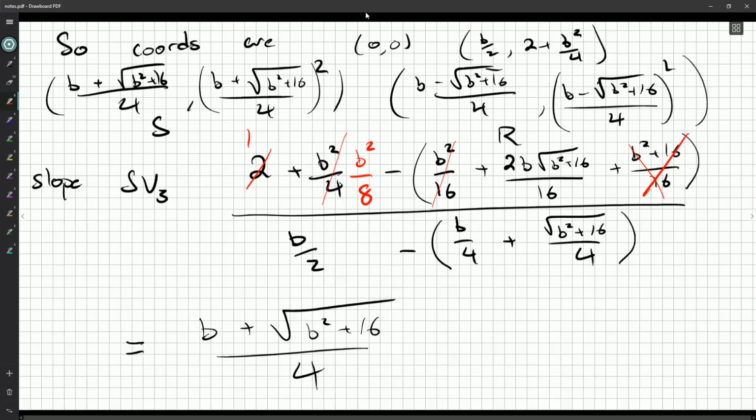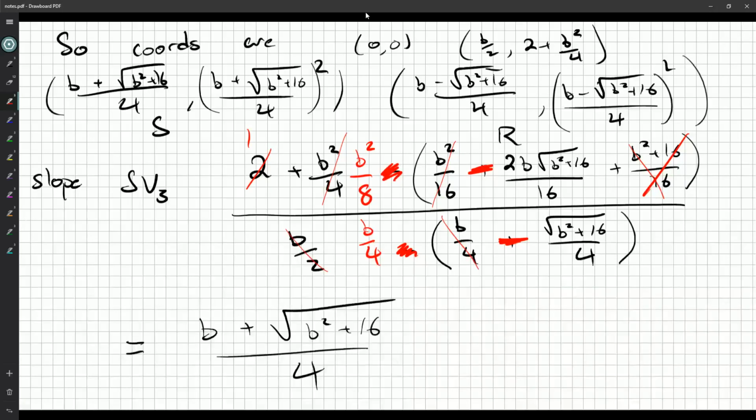Can we multiply? I'm thinking we're probably going to have to cross multiply in a moment. I'm trying to avoid that if I can. B over 2 minus b over 4 is going to leave me with a b over 4. And that'll change to a minus sign. That's going to be a minus sign. That goes away.